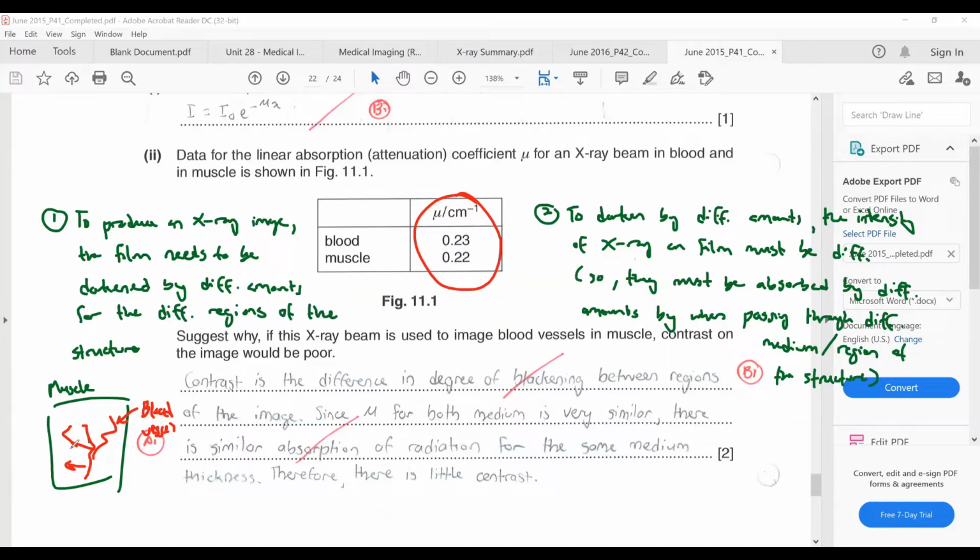Here, blood and muscle will absorb almost the same amount of radiation, so your X-ray film will darken by almost similar amounts for muscle and blood. So you cannot see any clear contrast there. That's the understanding here.